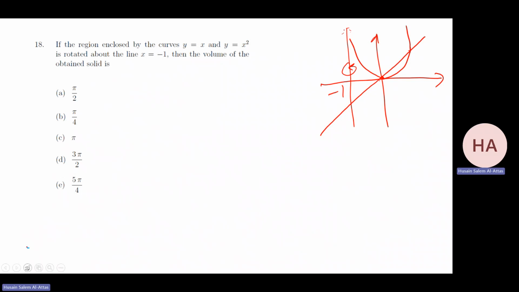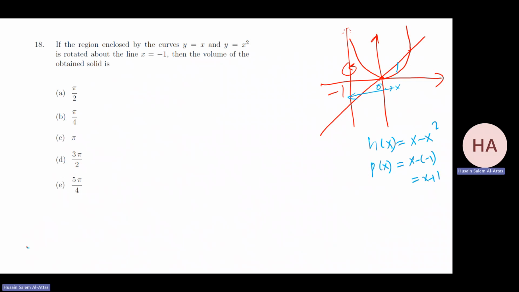Then I need the volume. So this will be my line parallel to the axis of revolution. So I have h of x will be x minus x squared. And p of x will be, if this is x, this distance, x minus minus 1, which is x plus 1.